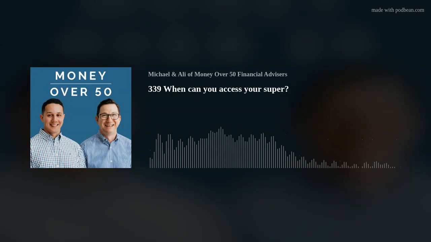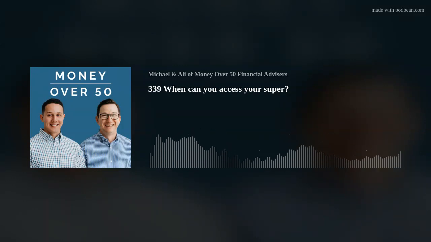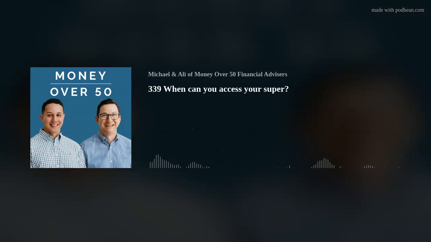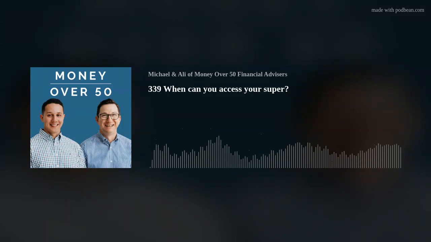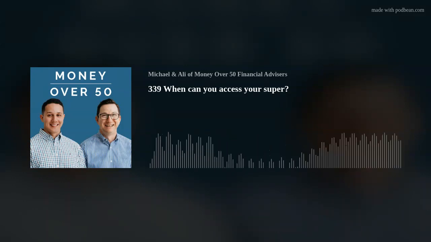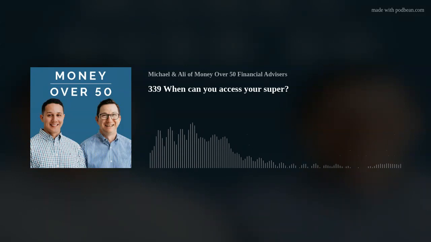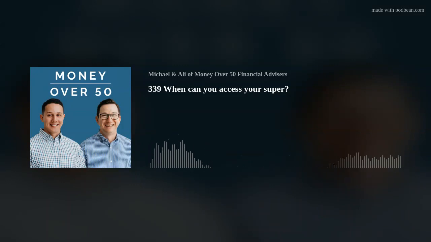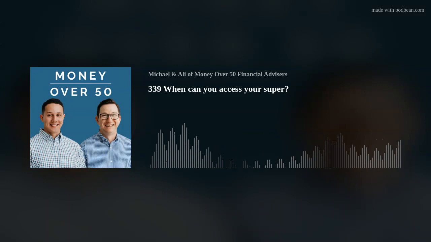Once upon a time, people were able to access their super from age 55, having met their preservation age, but now the age has increased, and they've slowly been getting it up to the age 60 mark. From 1st of July 2024, the preservation age will be 60 for most people who haven't already met their preservation age.